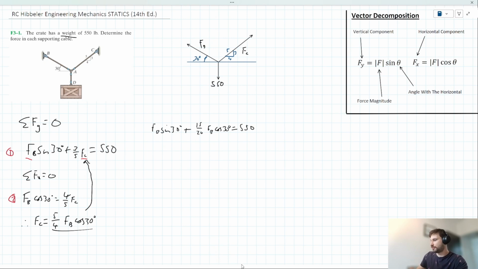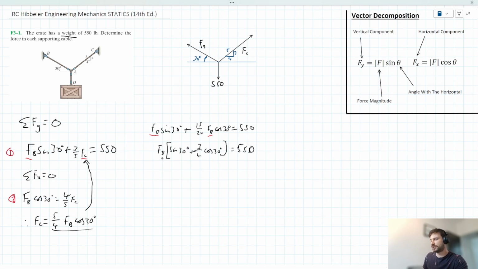Now we have one unknown, FB, so we want to rearrange for FB. To do that, we can factorize. Let's factor out FB: FB all times sine 30 plus, let's simplify this 15/20 down to 3/4, cos 30 is equal to 550.